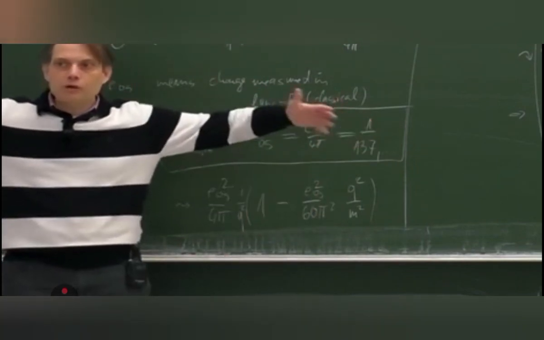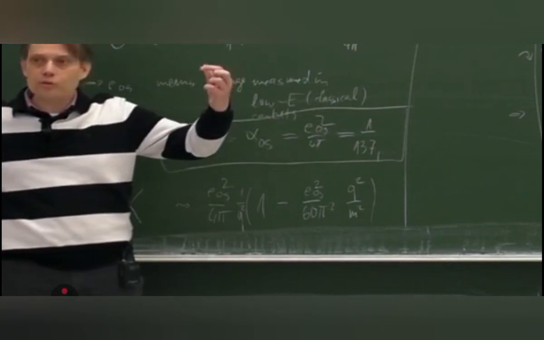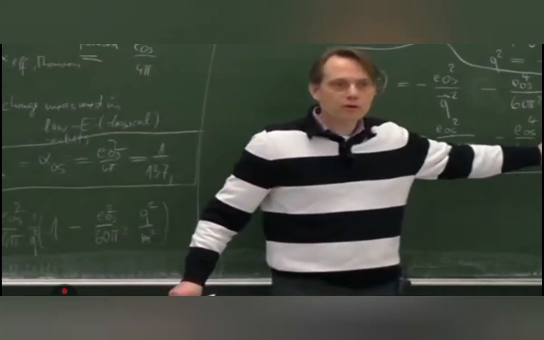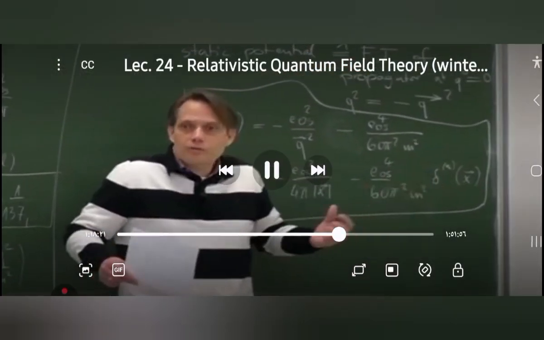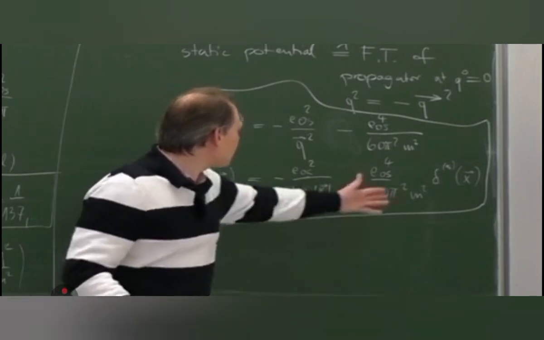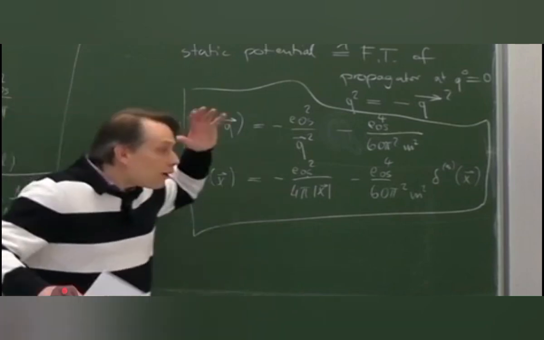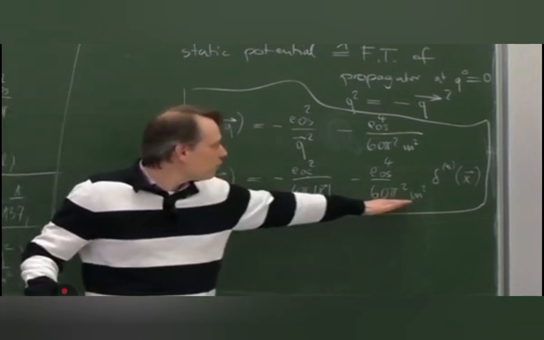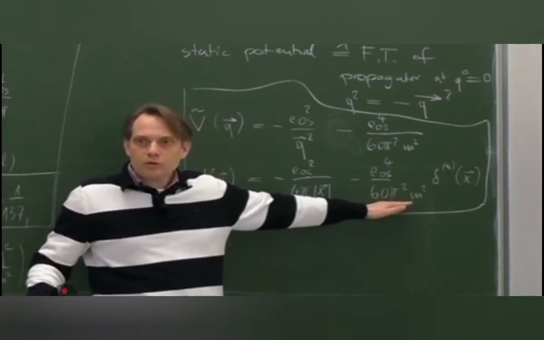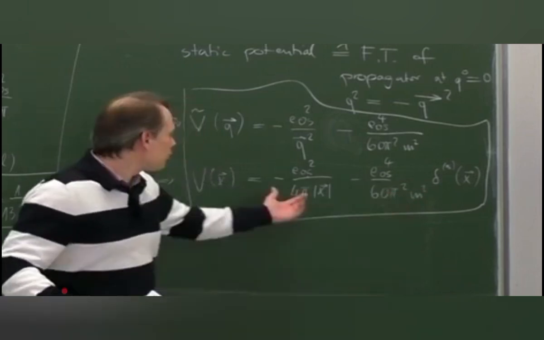The large wavelength cannot really resolve all the fine details around the origin. So for the large wavelength, the corrections just look like a delta function. For smaller wavelengths, the correction will have a more complicated x dependence. But for large wavelengths, the correction just looks like a delta function, which basically simply means that somehow the potential gets stronger at the origin. At the origin, you increase the attractive force.